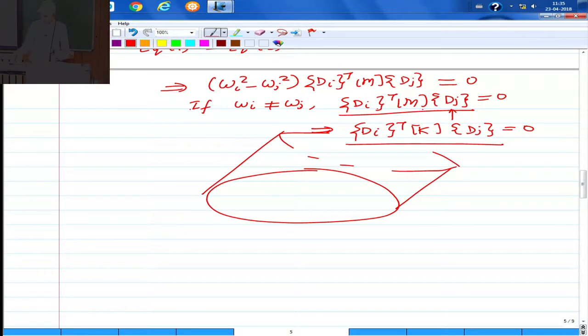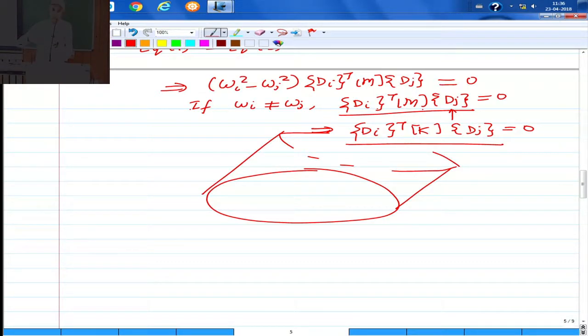For such cross sections, if you look at this, the radius of curvature is very high here, whereas at these corners, these ends of the semi major axis, the radius of curvature is very small.